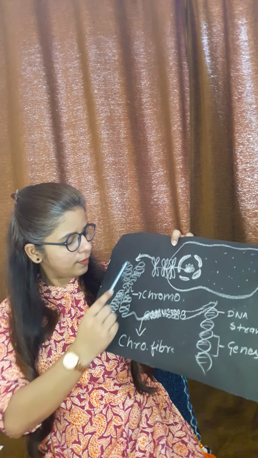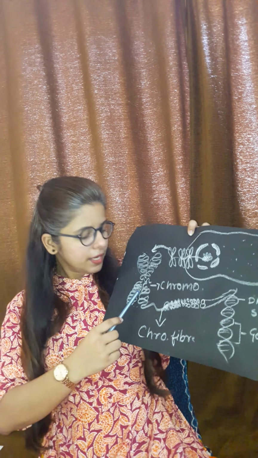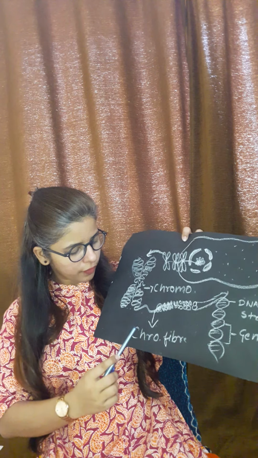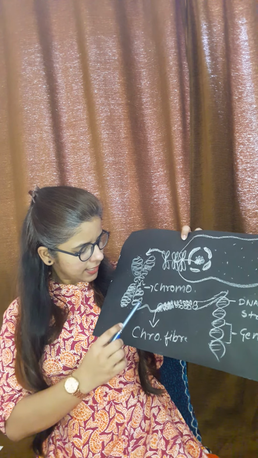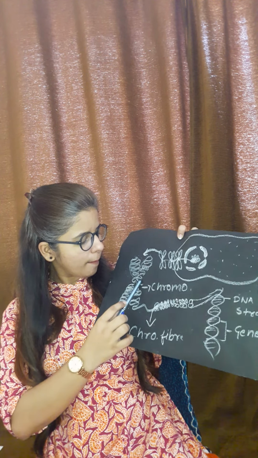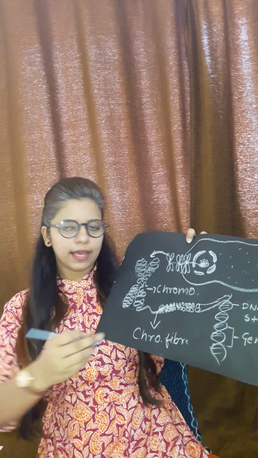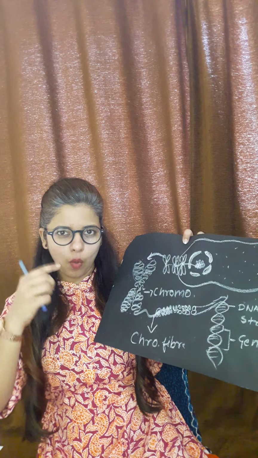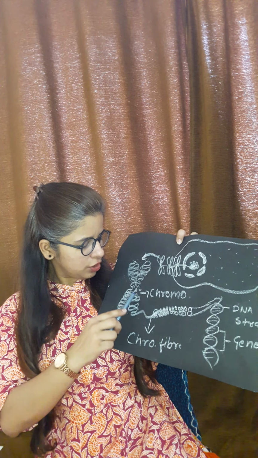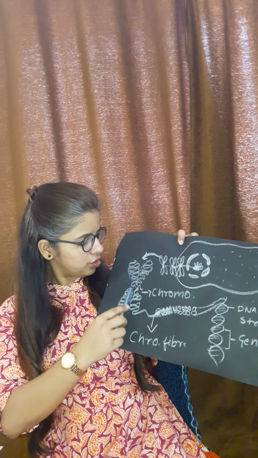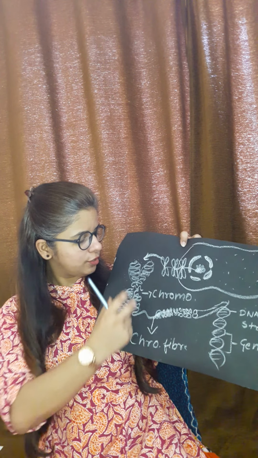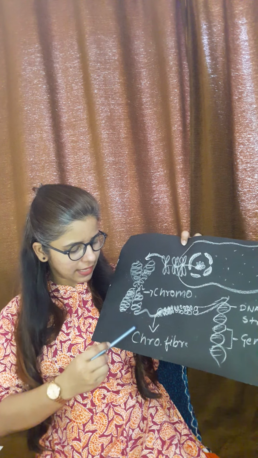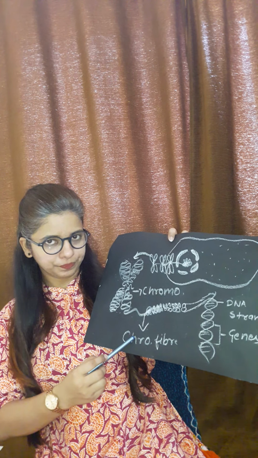I have magnified one chromosome here. Now, a chromosome is made up of chromatin fibers. These fibers are complexly designed, coiled thread-like material, and these thread-like materials which are coiled together to form a chromosome are chromatin fibers.